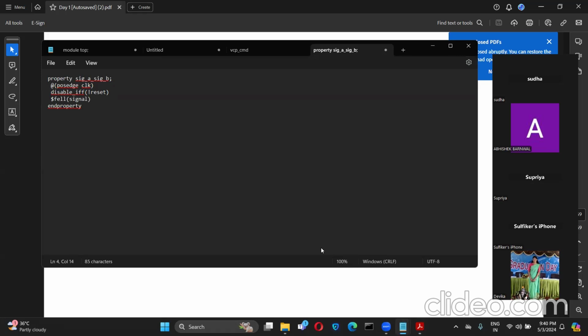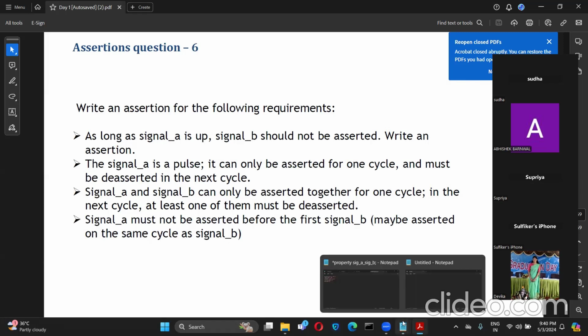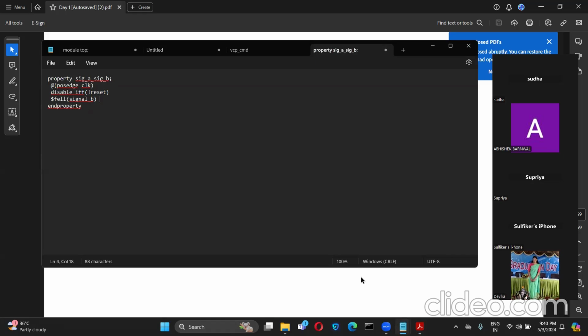signal B, which means you are checking for the condition of B when it is low. Fell means high to low. When it is that condition, what is the requirement here? The signal B should not be asserted as long as signal A is high. So you can write something like how in English we use "until", the same meaning in the assertion.